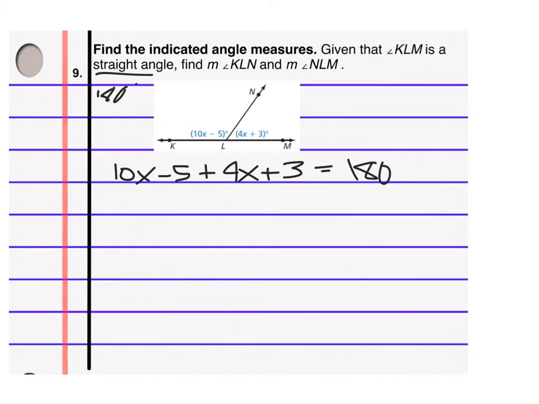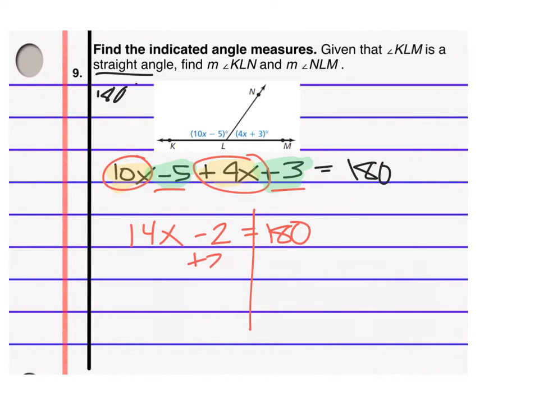You should be combining your x's, so 10x and 4x. That should be giving you 14x. For your constants, you have negative 5 and positive 3, so that is negative 2.